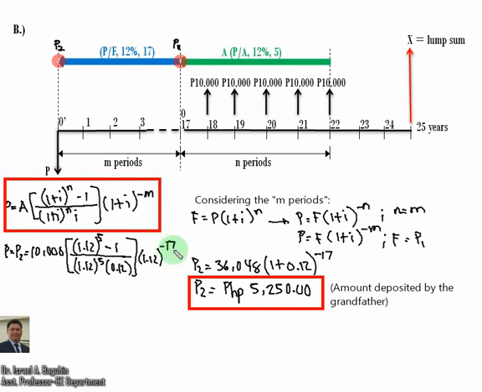Okay, so we have this value of our P, which is still equal to 5,250 pesos.